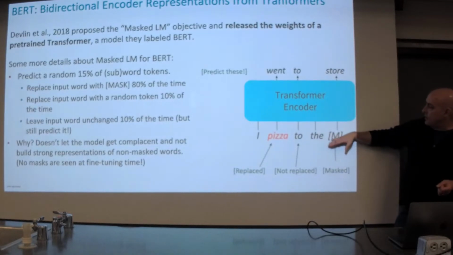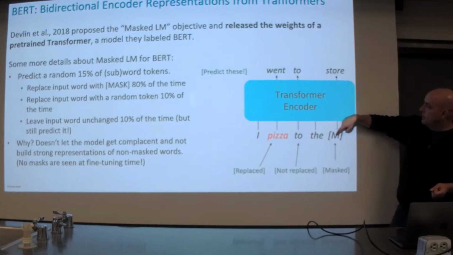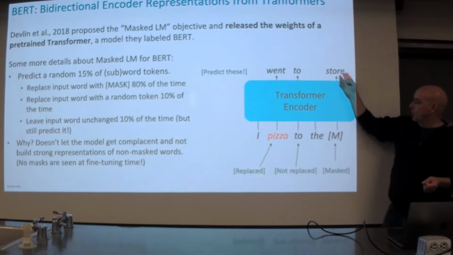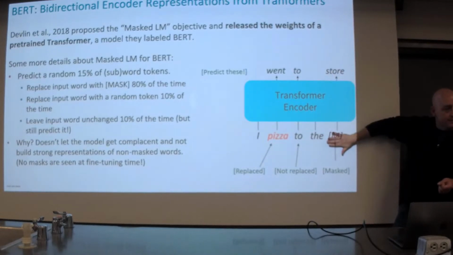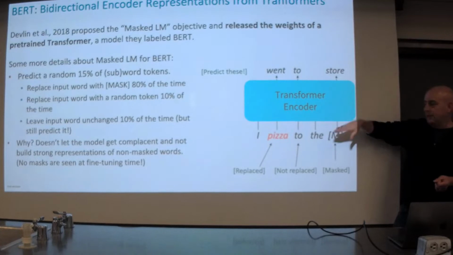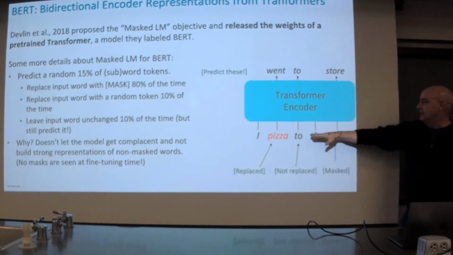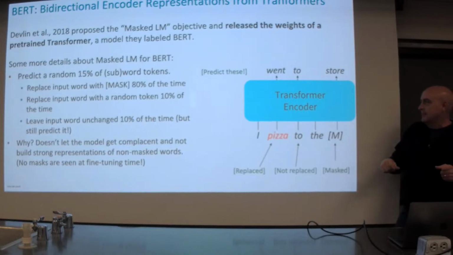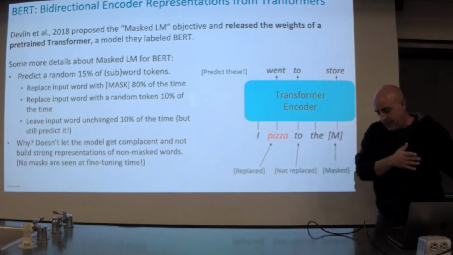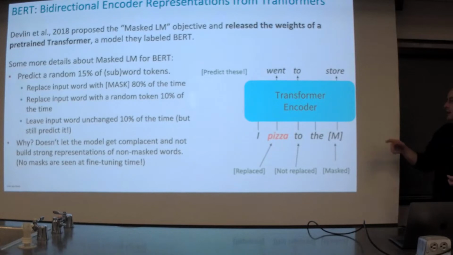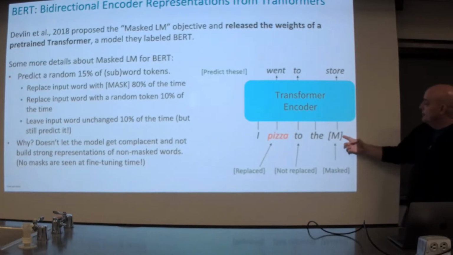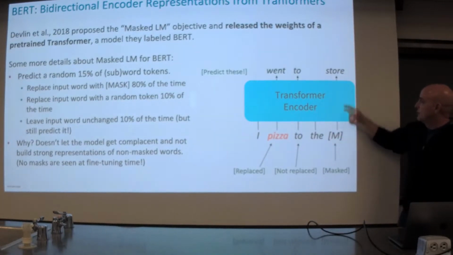And whenever there's a masked token there, we want to predict the word that was there that we masked. So out of our 100 words in the input, we take 15 of them, 80% of that is 12 of them, we mask, and then we force ourselves to predict that correct masked token.